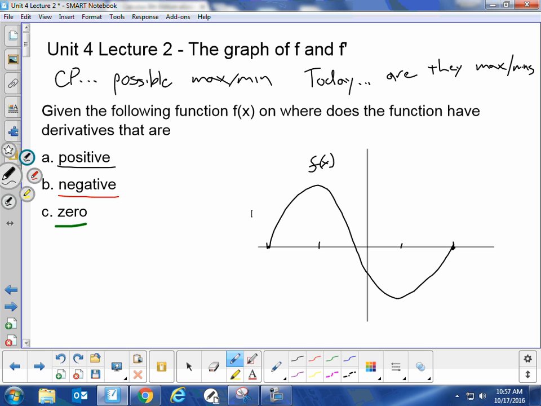We know they are positive, getting less positive, till we hit a 0 right here. And then we have less negative, more negative, less negative, until I hit another 0 tangent slope here. And then we have positive, getting more positive, right?